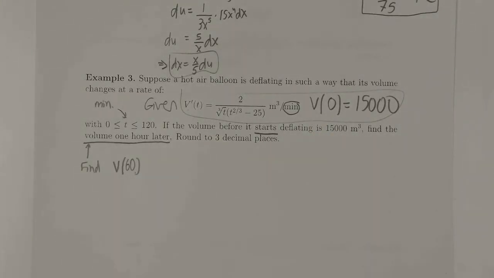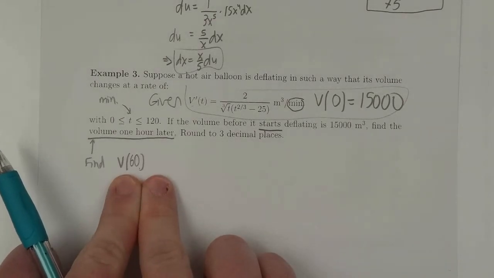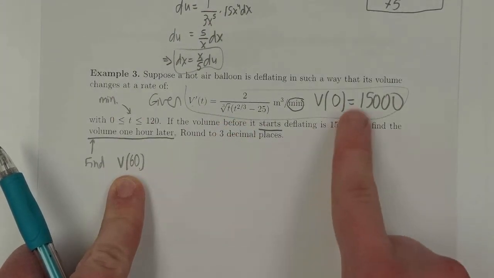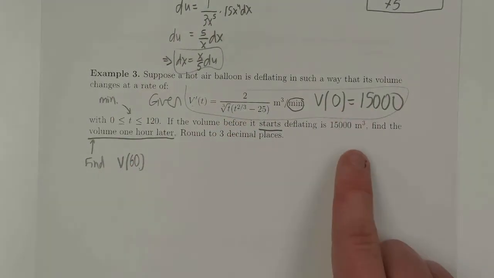So if you recall, from the last 2 lessons that we've been seeing, there's a way to figure out the numeric value of this guy given the rate of change of volume as well as the initial condition. So do you guys remember how we did that using the fundamental theorem of calculus?